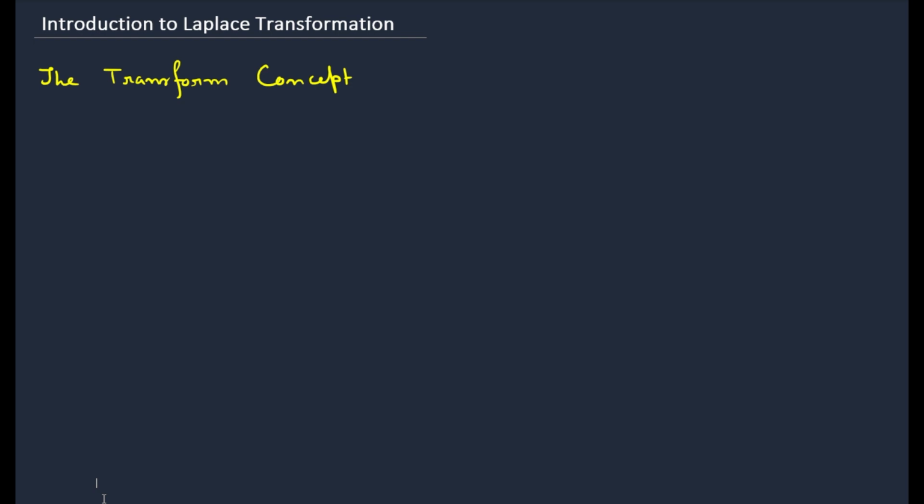Before going to the Laplace transformation, let us try to understand what the transform concept is. What is transformation? If we take a function, suppose f of t, then under some transformation, not only Laplace, there are so many other transformations also, this particular function goes through some changes, and it will change to, suppose, F of s.